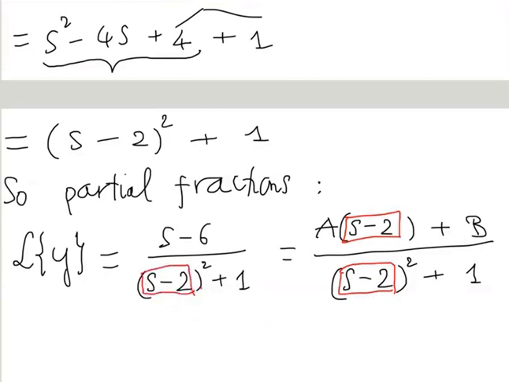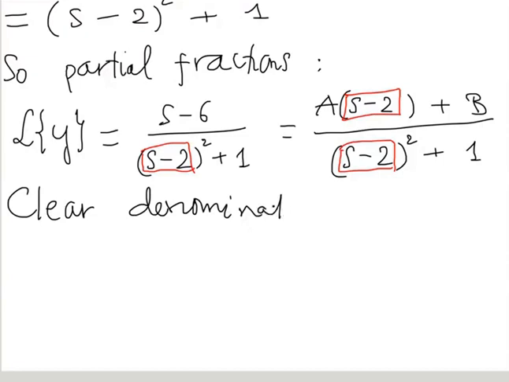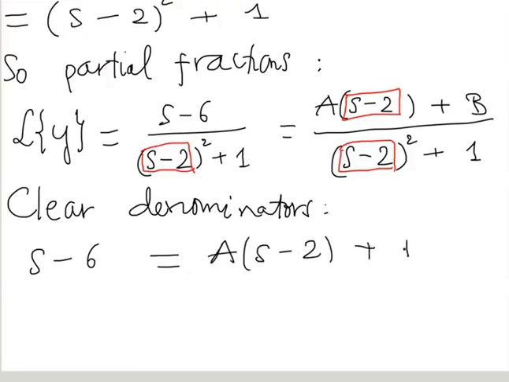And we saw in the previous lecture that the reason we do a times s minus 2 is that later on we can use the table of Laplace transform. But once we have that, clearing the denominators gives us s minus 6 equal to a times s minus 2 plus b.